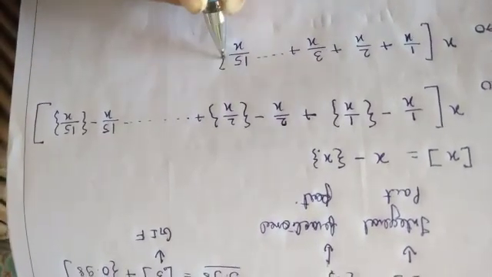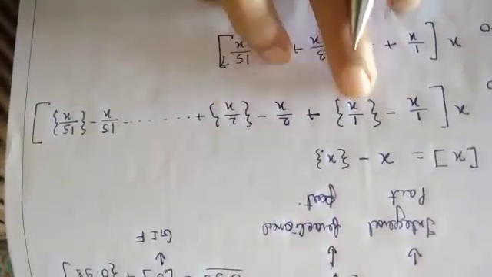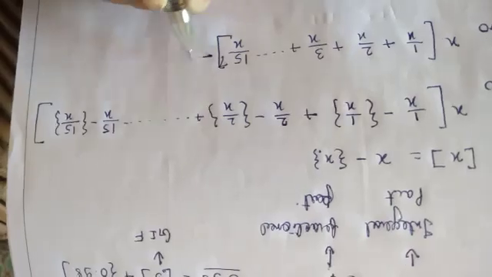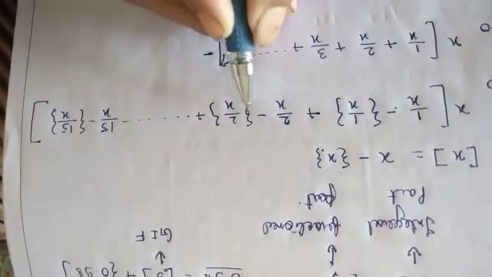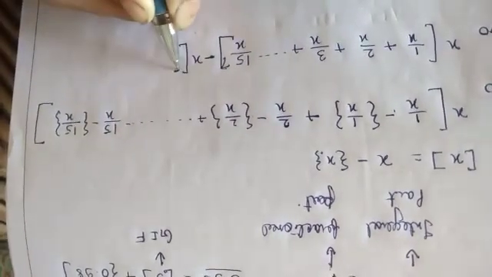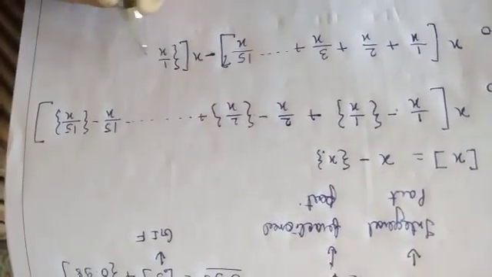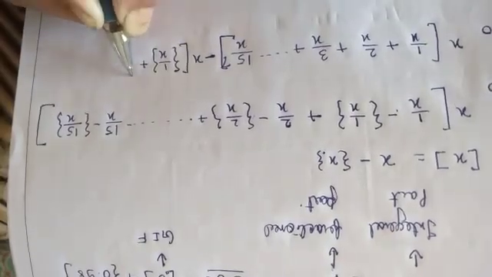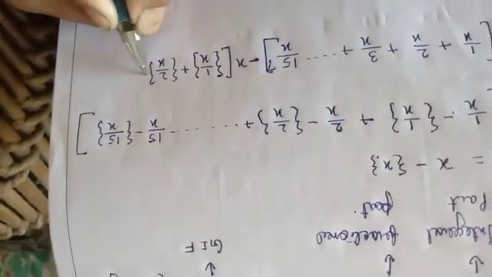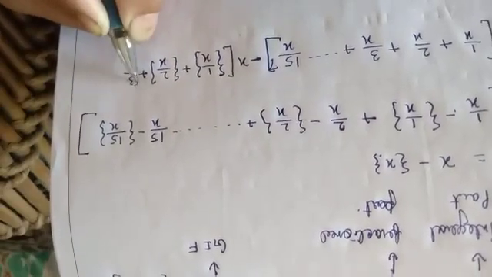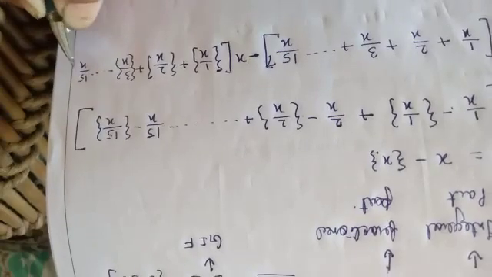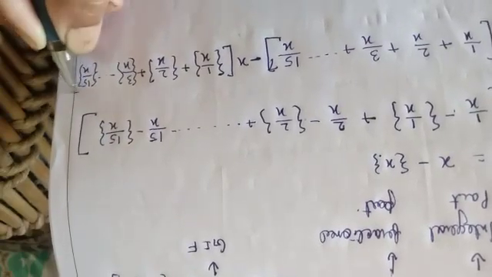Similarly I will take the fractional part and take this x so that I can multiply over here. The minus sign is also common, so you take the minus sign common. What will remain in the bracket? The fractional part of 1 upon x plus 2 upon x plus 3 upon x and so on. Last one is 15 upon x.